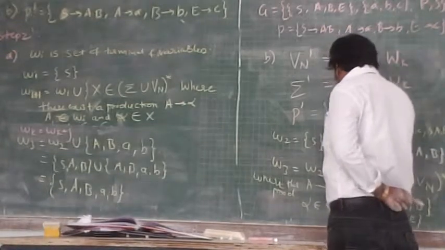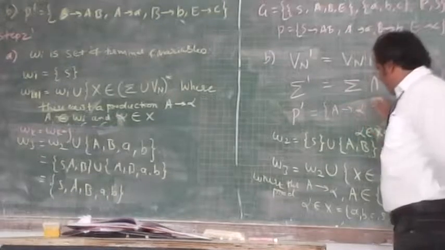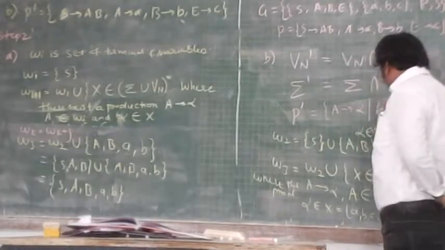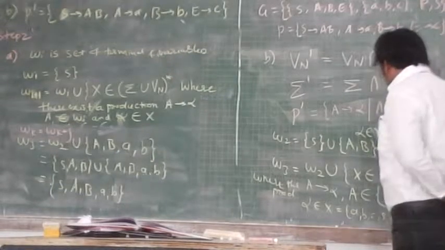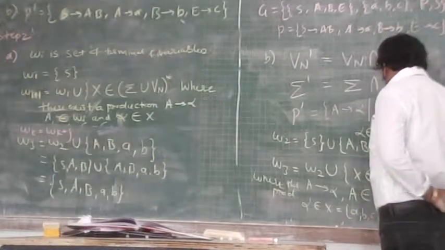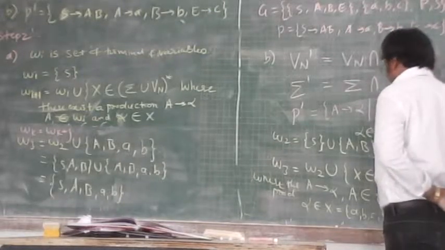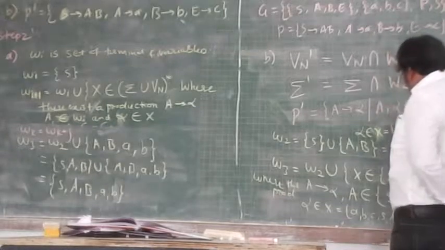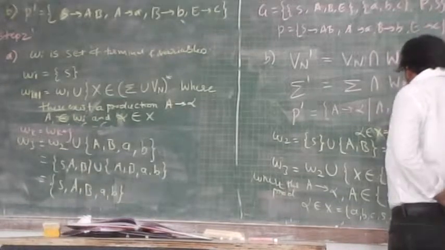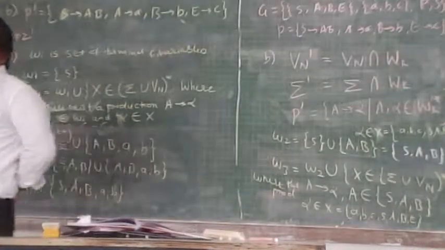The production of kind A implies alpha you need to include, where A and alpha belong to what? Vn dash, or you can say A and alpha belong to Wk star.